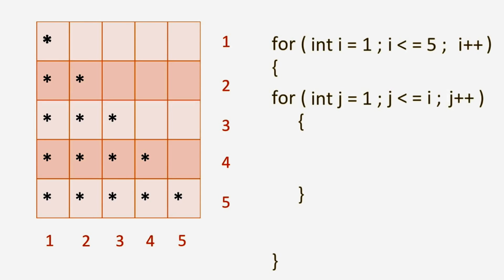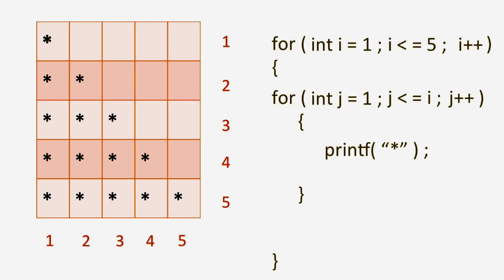And what we need to do is print a star inside. We're using printf. You can use print for Java, printf for C, or cout for C++, or any other. This is just the basic concept, pure logic. Why are we using printf and not printing a line?